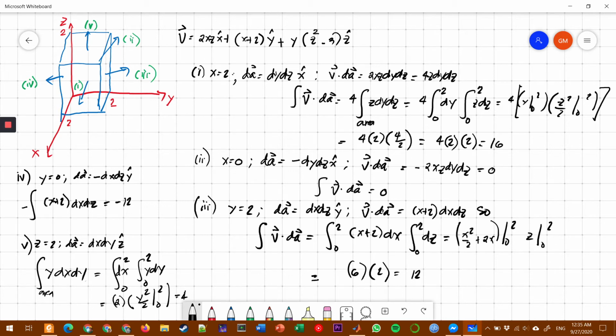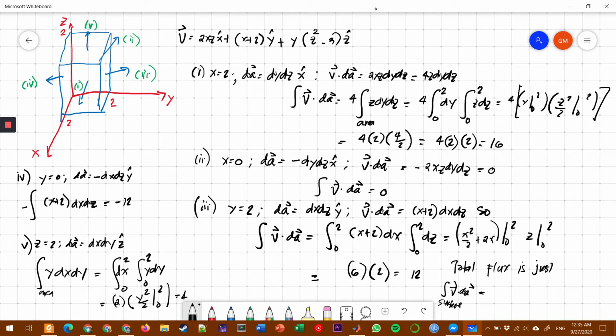Now, we already had this one. So evidently the total flux now is just the sum of the individual parts of the surface.